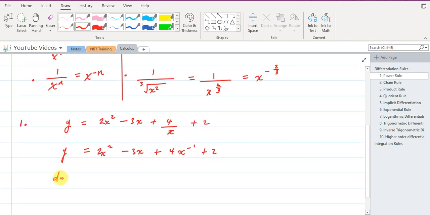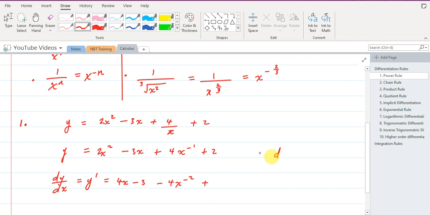Now we find dy dx, or we can write it as y prime of x, is equal to 4x minus 3. 2 times 2 is 4, subtract 1 from the power, minus 3. 4 times minus 1 is minus 4, x to the power minus 2, take away 1 from the power, plus, remember the derivative of a constant is 0.